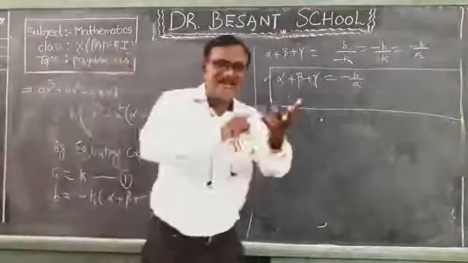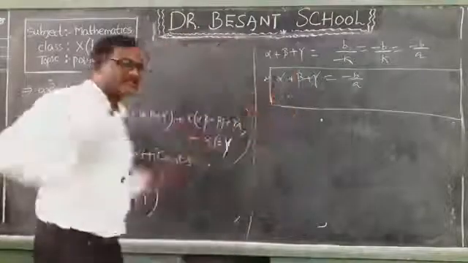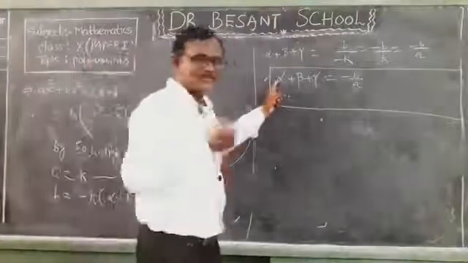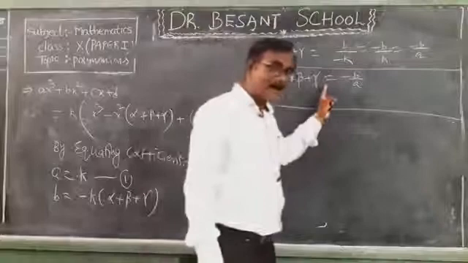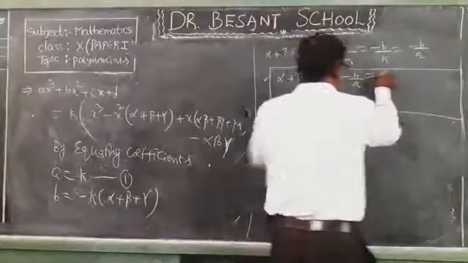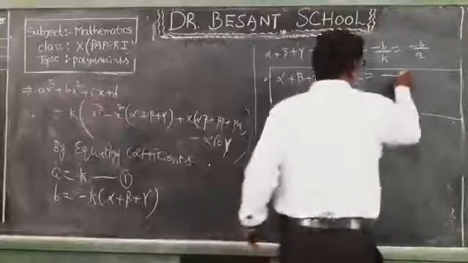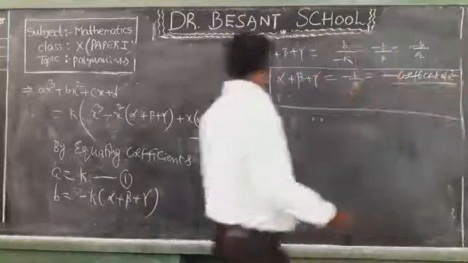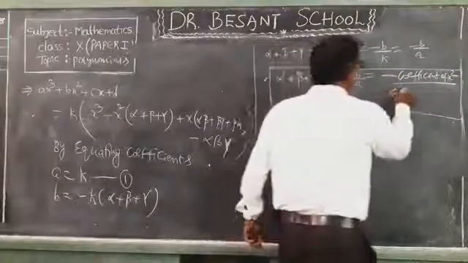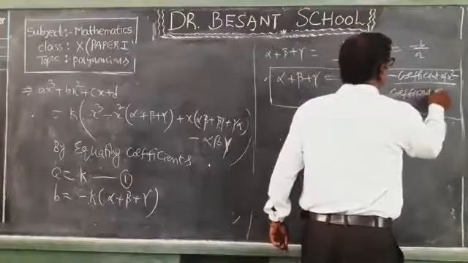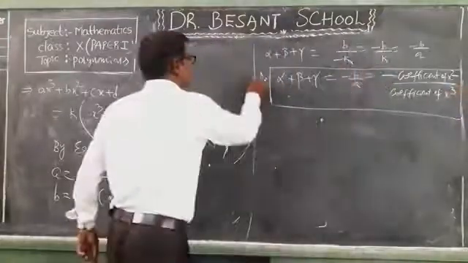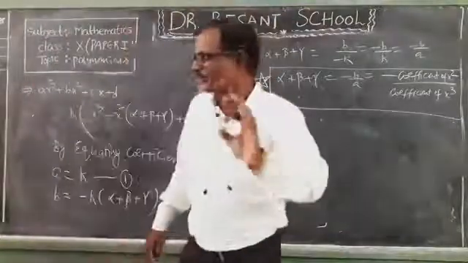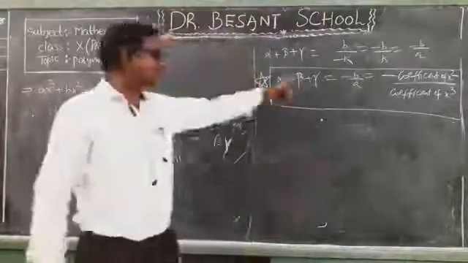So when alpha, beta, gamma are the three zeros of a cubic polynomial ax cube plus bx square plus cx plus d, the first formula, the sum of zeros, alpha plus beta plus gamma, is equal to minus b by a.